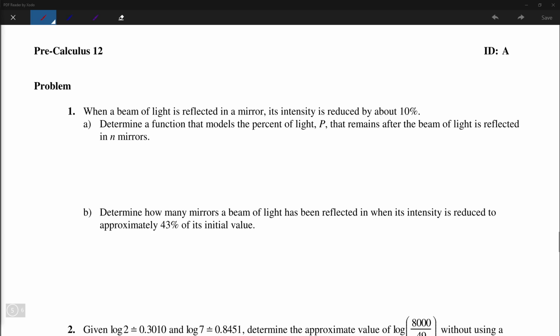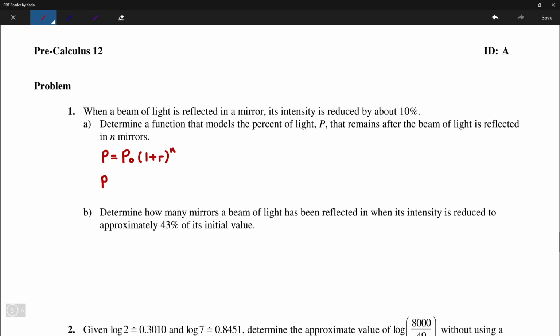So we are to determine a function that models the percent of light that remains after a beam of light has been reflected in n mirrors. So we can have here P is equal to P naught times (1 plus r) to the n power.